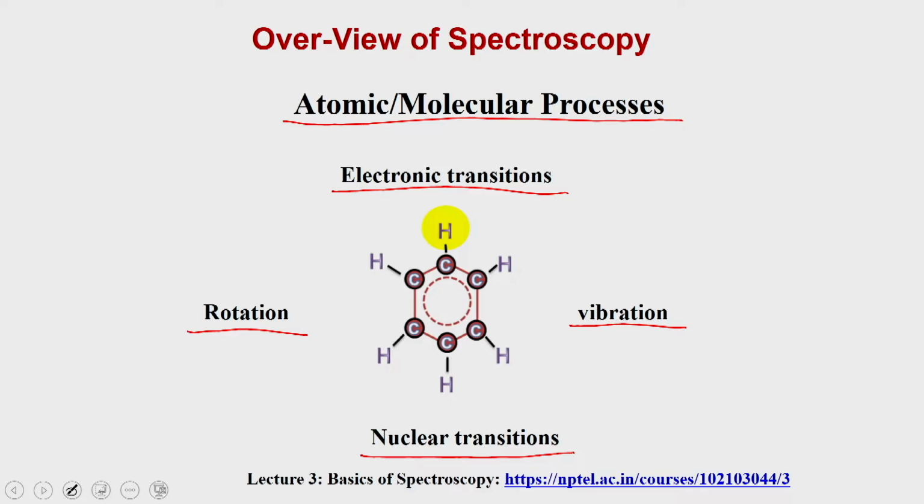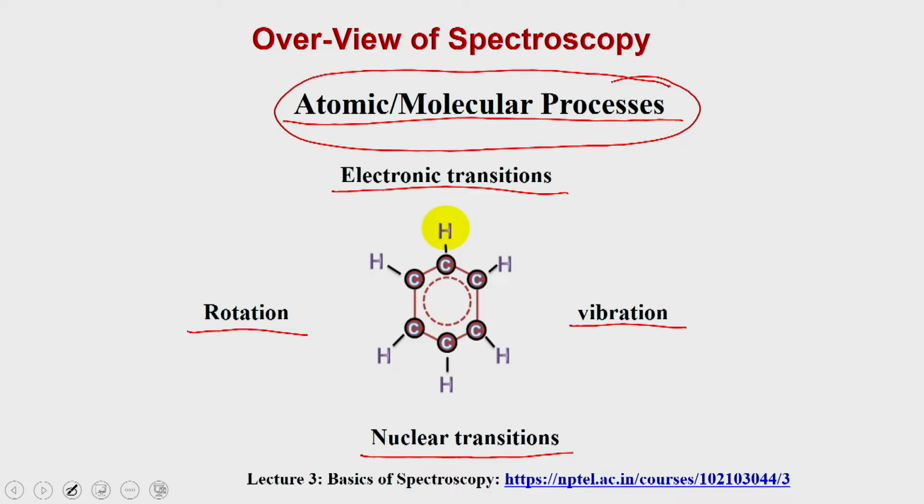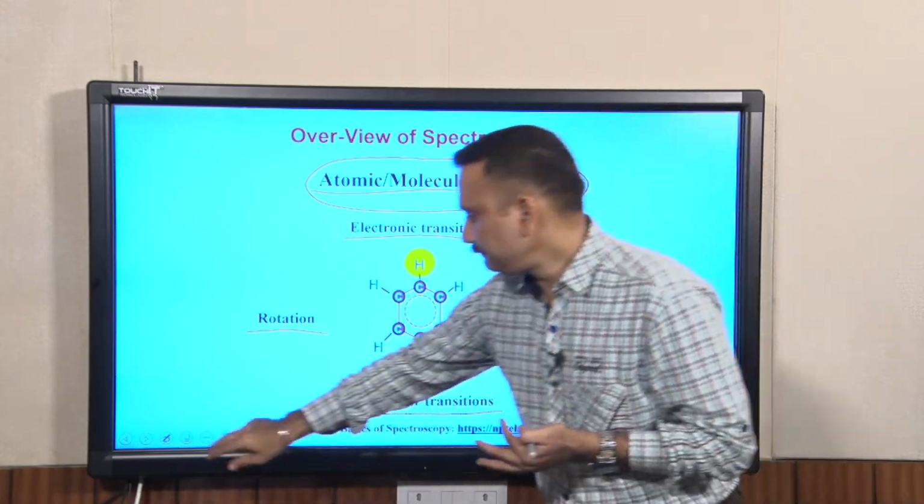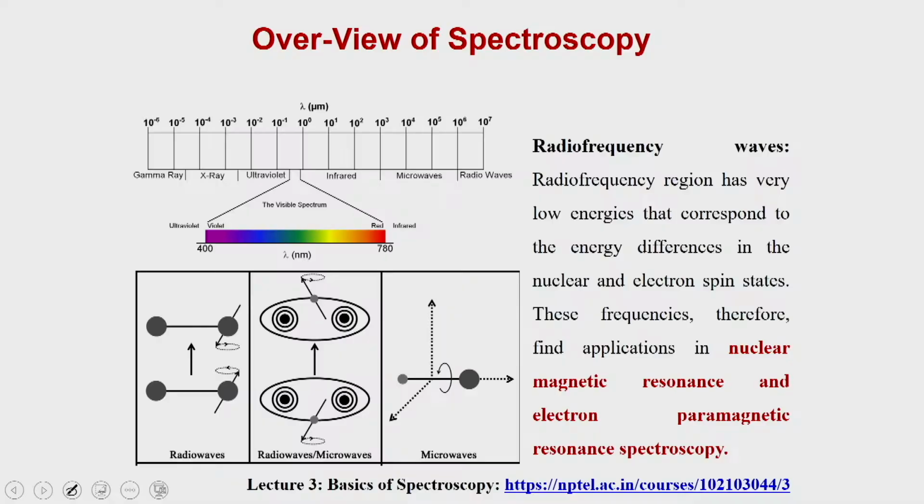What are these processes, and how can you map the electronic transitions, rotations, nuclear transitions or vibrations using the different parts of the electromagnetic radiation? So, first, this is the electromagnetic radiation, this is the visible spectrum, and this is the radio waves, microwaves, infrared, ultraviolet, X-ray and gamma rays.